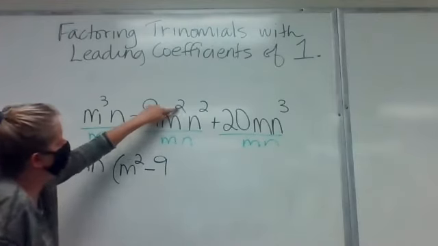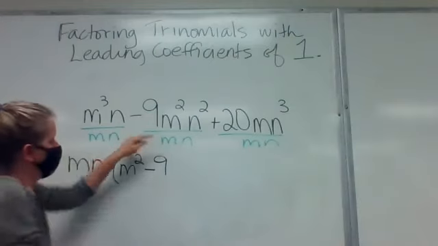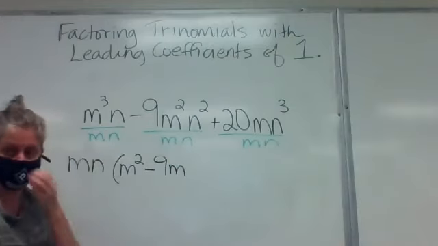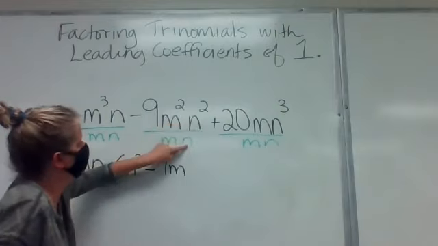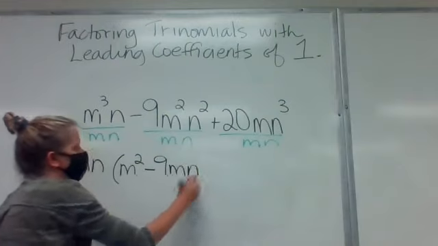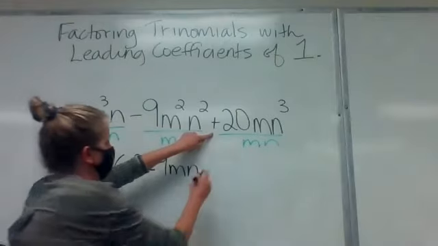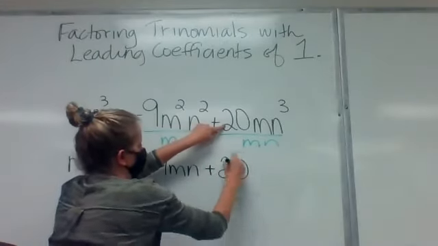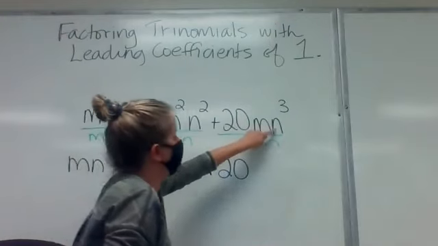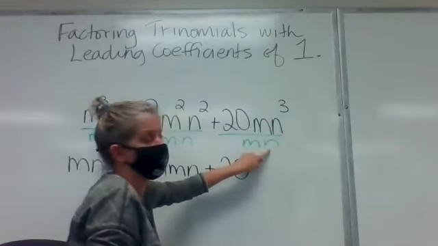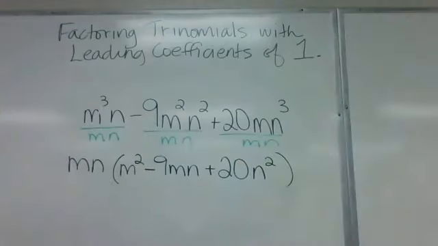I had M2, but I pulled out M1, which means I still have M. And then the last thing, I had N2, but I pulled out N1, which means I still have N1. Plus 20. I had an M, but I pulled it out. I had N3, and I pulled out N1, so I still have N2. So look what we have left.